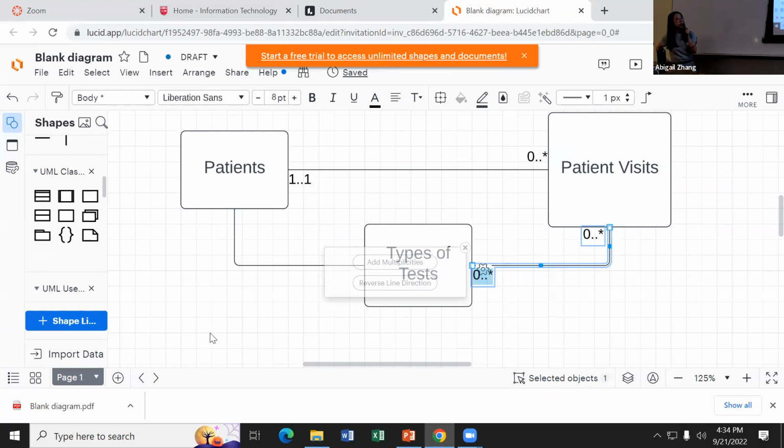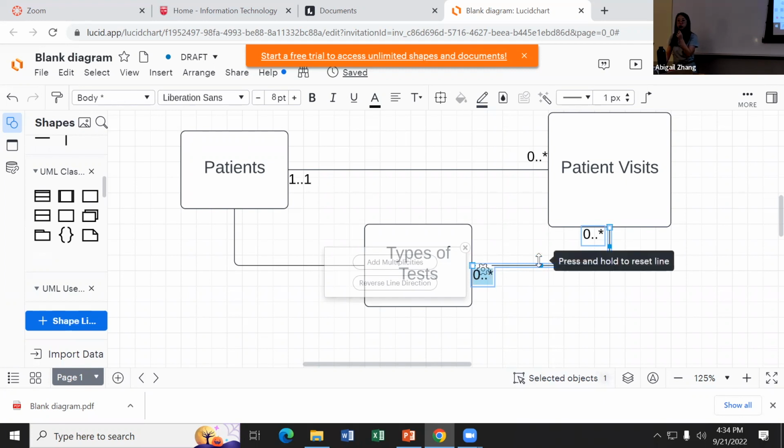Each patient visit is associated with what multiplicity of types of tests? 0 or more. 0 makes sense because the patient may not need any test, and multiple makes sense because we may need both a blood test and other kinds of tests. So I think we can keep the default, 0 or multiple.